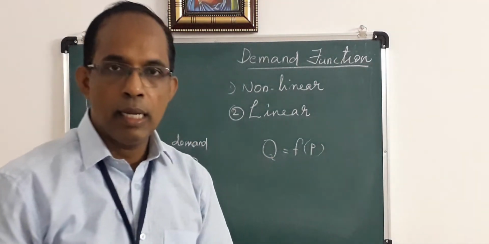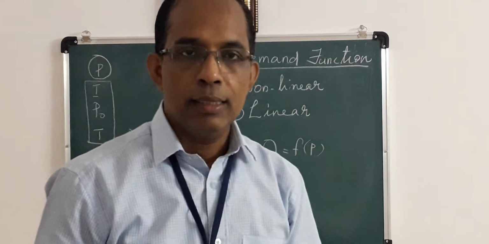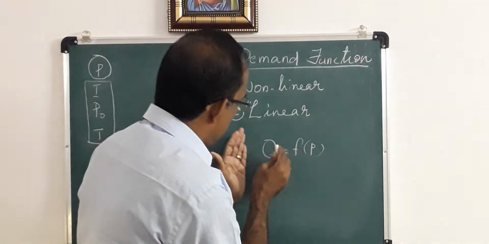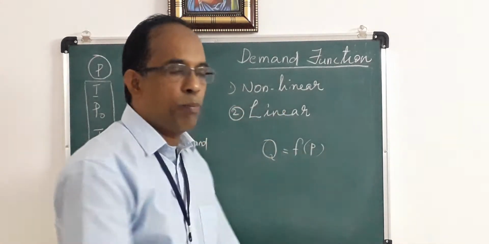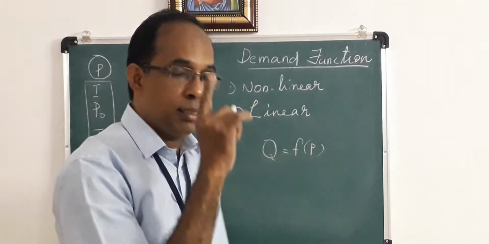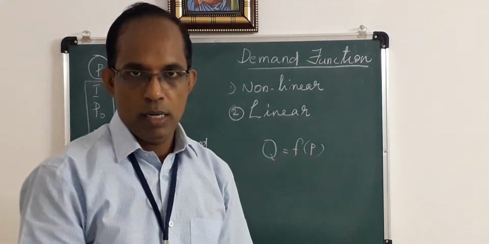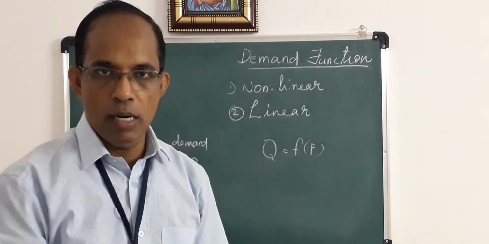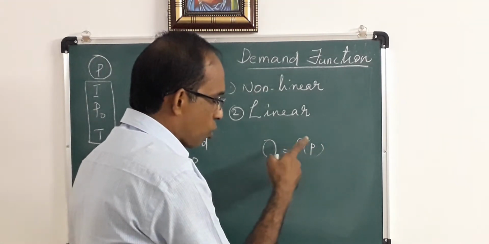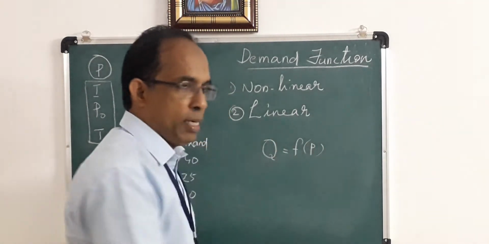And in every function there would be a dependent variable and an independent variable. The variable that depends upon the changes of other variable is called dependent variable. In this function, Q depends on change in price.